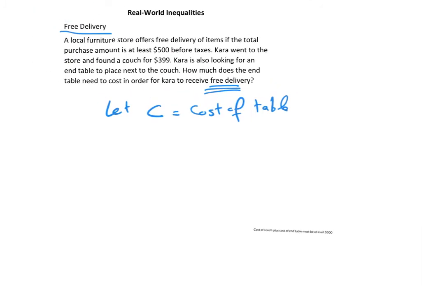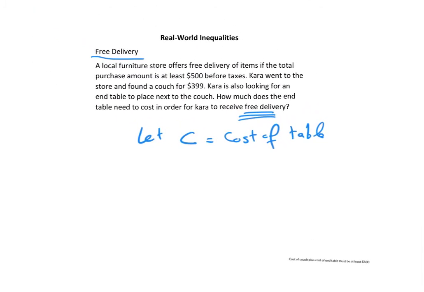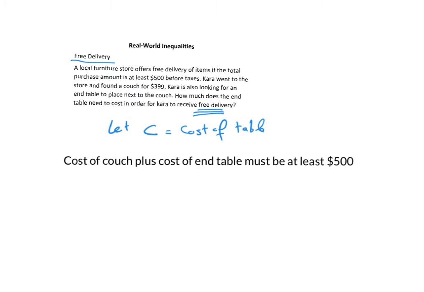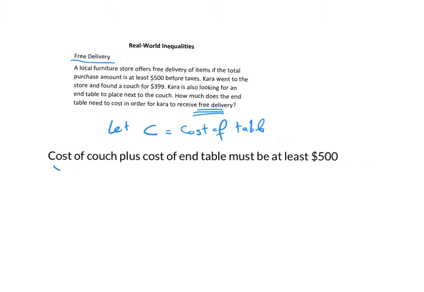In order to receive free delivery, after she purchases the couch for $399, plus the cost of the end table, which is C, the total must be at least 500.